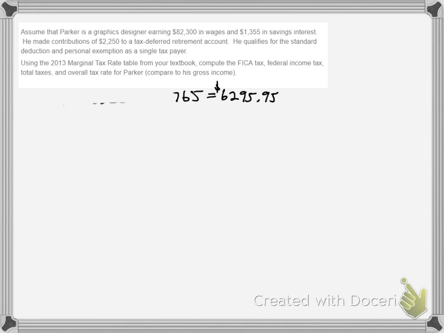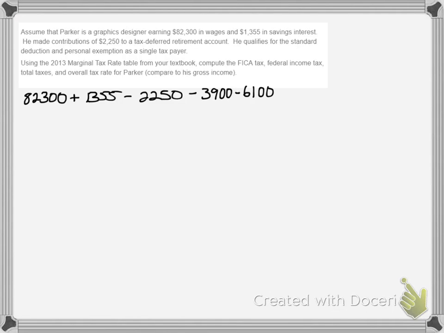Here we need to take into account his savings interest and his contributions, and then the personal exemption and the standard deduction. We're going to take his total wages plus his savings interest and subtract off the tax deferred retirement account, and then subtract off the personal exemption and the standard deduction. We're just using the rates in your textbook from when it was published. Obviously these change.